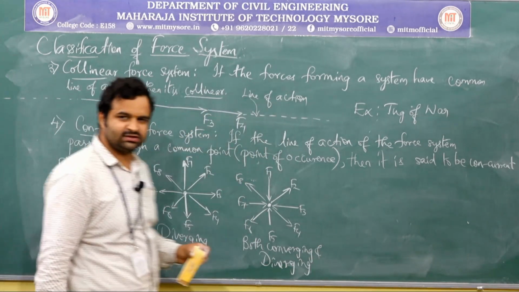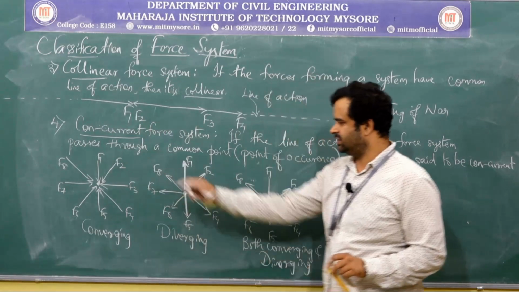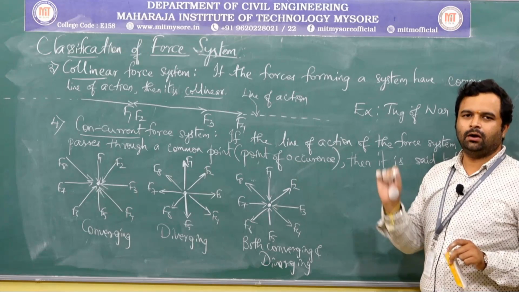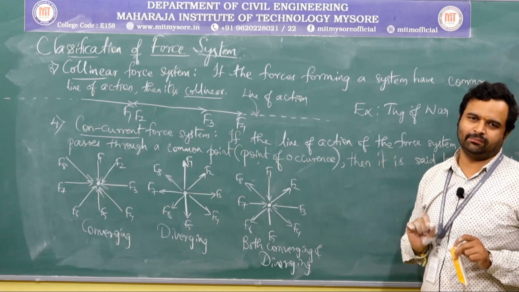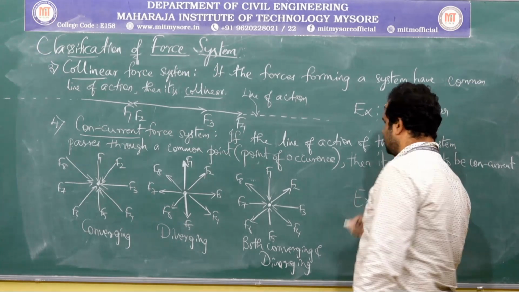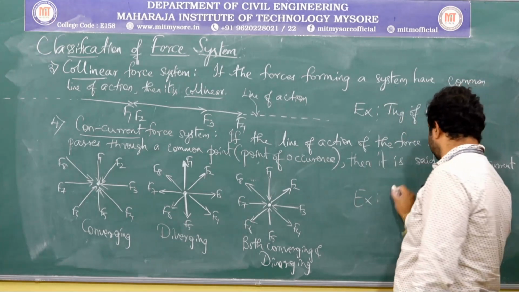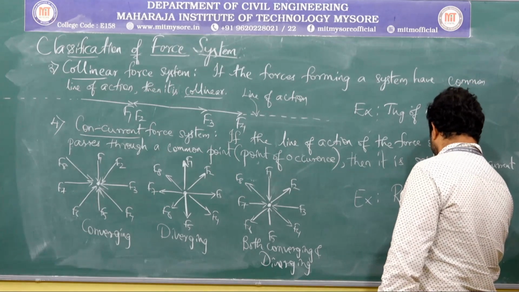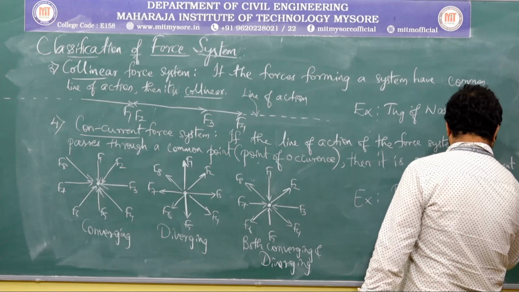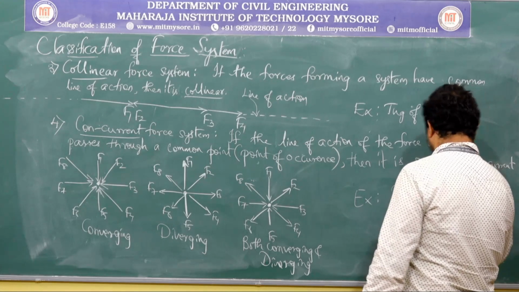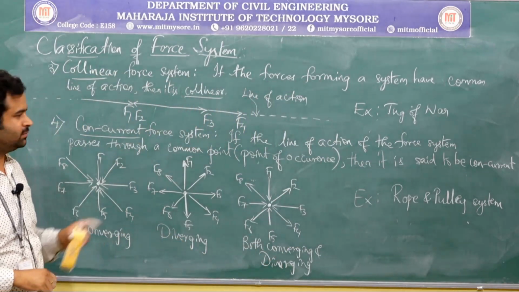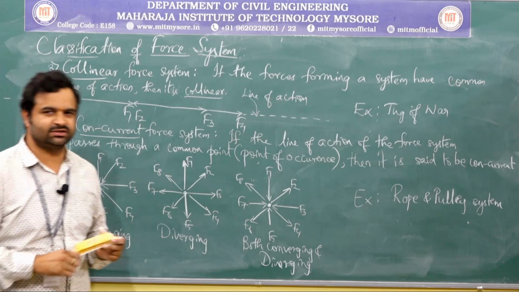So, this is nothing but the concurrent force system. It has common point of occurrence. The line of action of all the forces remains same point. Okay. So, the best example to understand concurrent force system is the rope and pulley system. Here you can easily understand the concept of concurrent force system with the help of rope and a pulley system.